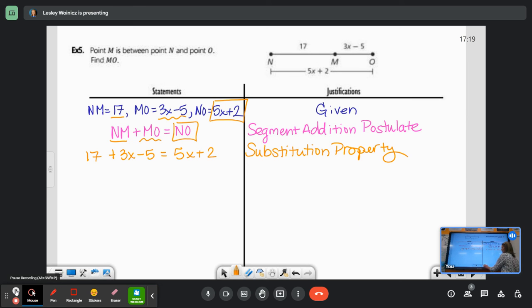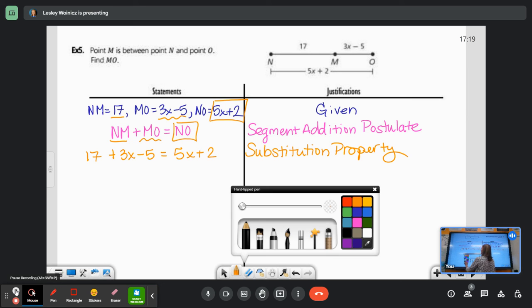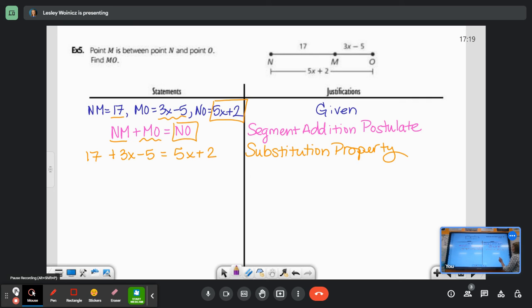I've got things that are combinable. I have a 17 and a minus 5. I know that 17 minus 5 is 12, so I'm going to substitute in a 12 for 17 minus 5.